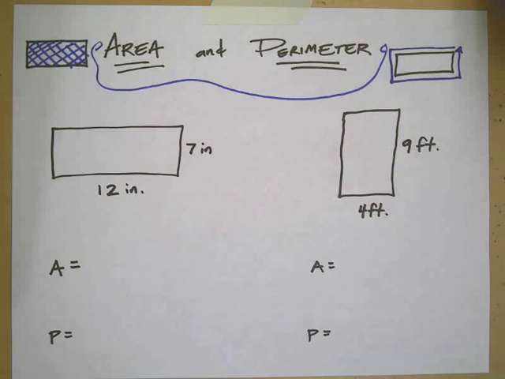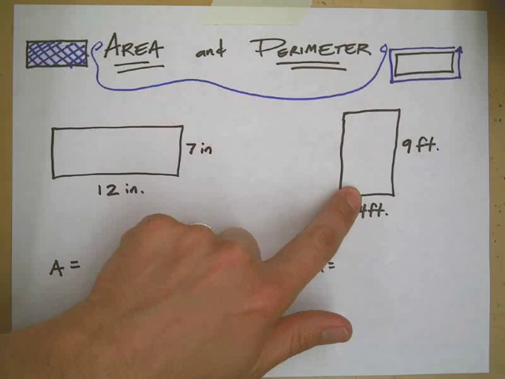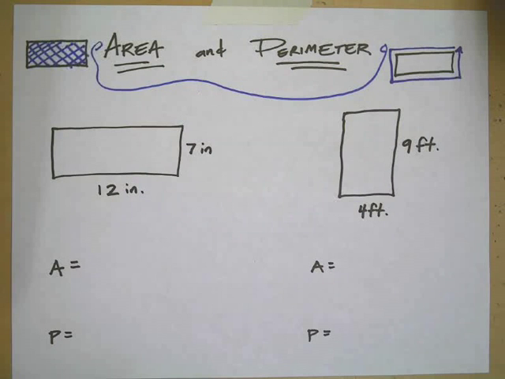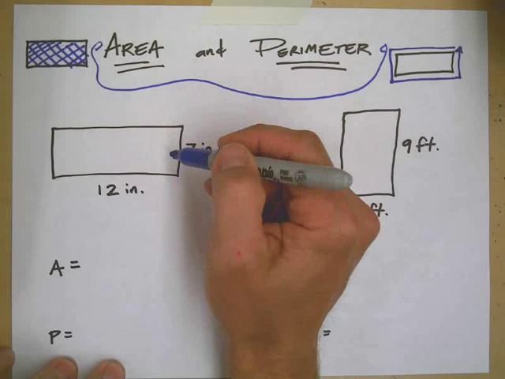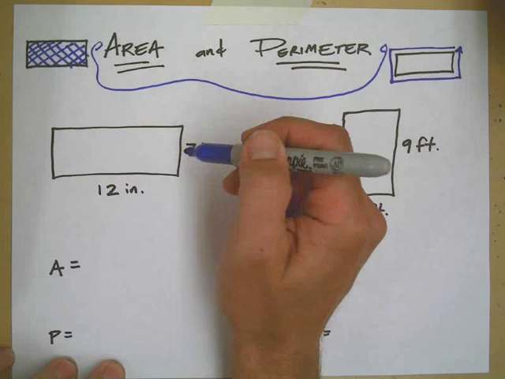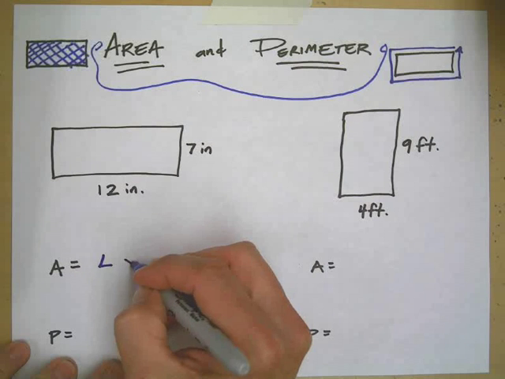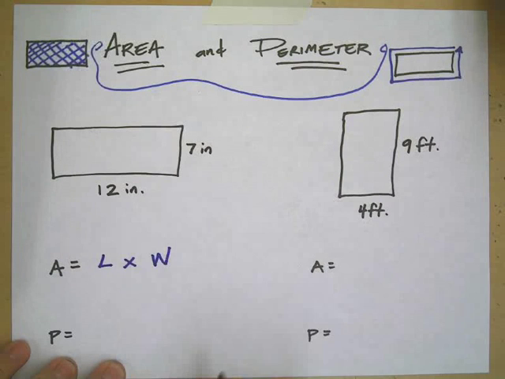There are two very simple ways to find area and perimeter. I've put two rectangles down here that we can use as examples. Area, since it's the inside of a shape, is essentially trying to figure out how many different squares would fit inside this rectangle. There's a simple formula we've been using: length times width.